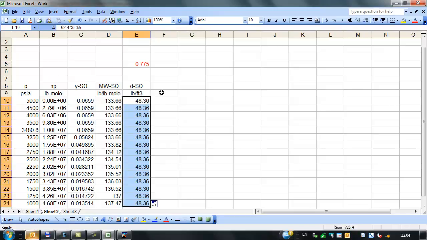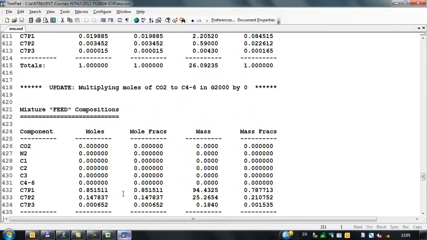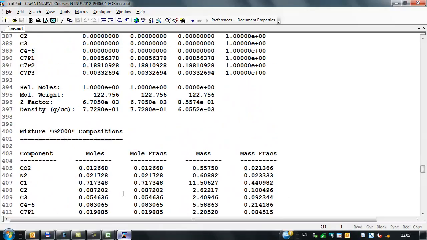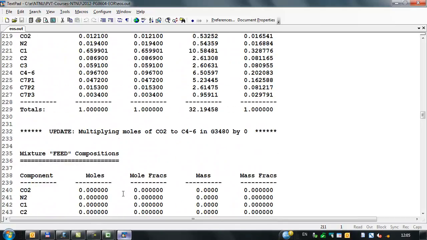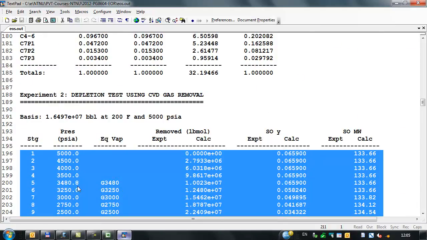Okay. So then we need to know what's the initial oil in place, and the initial gas in place. And to get that, we need here.